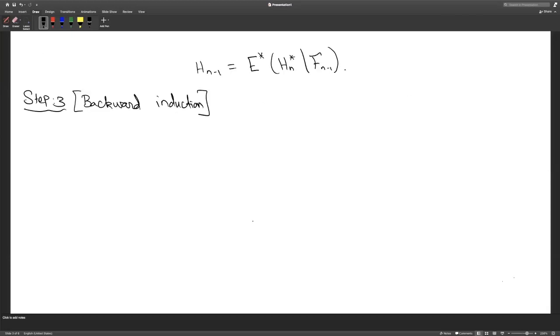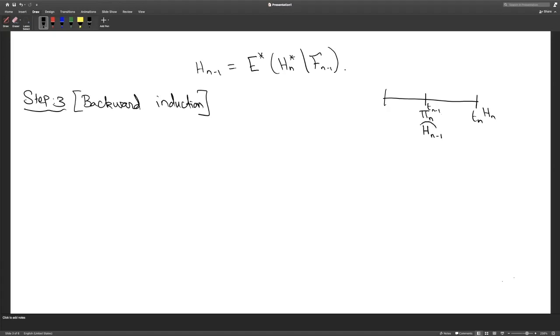Let us now move on to the last step, that is backward induction. Remember, we have started from the last step Tn, and we have constructed the replicative portfolio pi n at Tn minus 1 using the payoff Hn and obtained the value of the option at Tn minus 1, which is denoted by Hn minus 1.